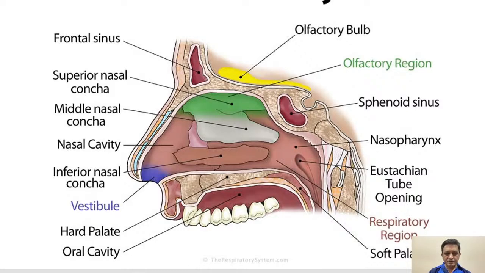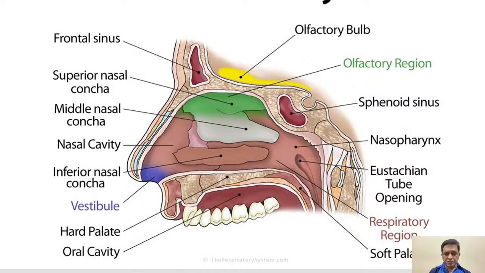And inside the nose, there are three concha, superior, middle and inferior. They are also called the turbinates. Three blade-like structures. They are all covered with a lot of mucous membrane, and when you inhale the air gets circulated through them.